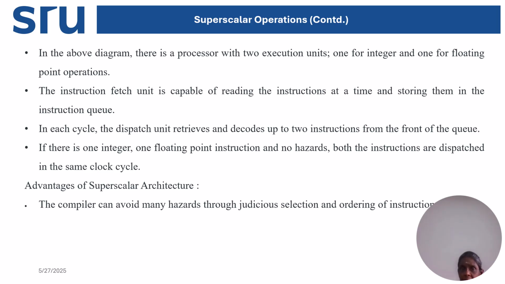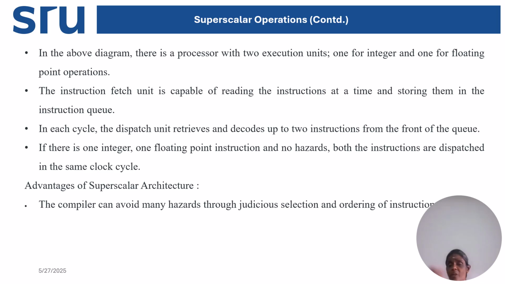If there is one integer and one floating point instruction and no hazards, both instructions are dispatched in the same clock cycle. That means they are independent instructions, which do not depend on the results of another instruction.